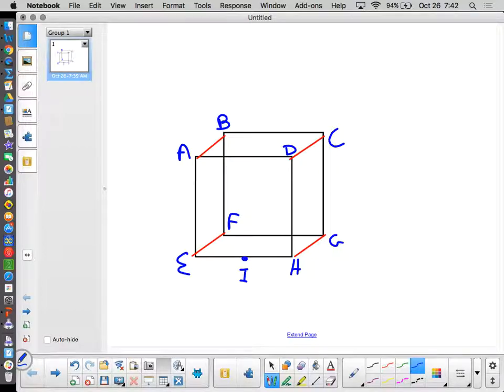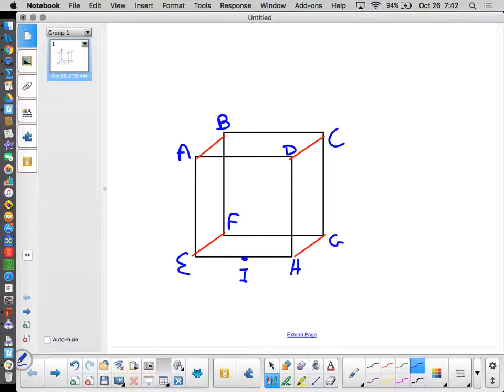Those are all skew, that's fine. How about perpendicular to FG? BF, EF, HG, CG, any of those would work. Again, watch the line symbol, okay? Actually, if you want to name lines, use a line symbol.